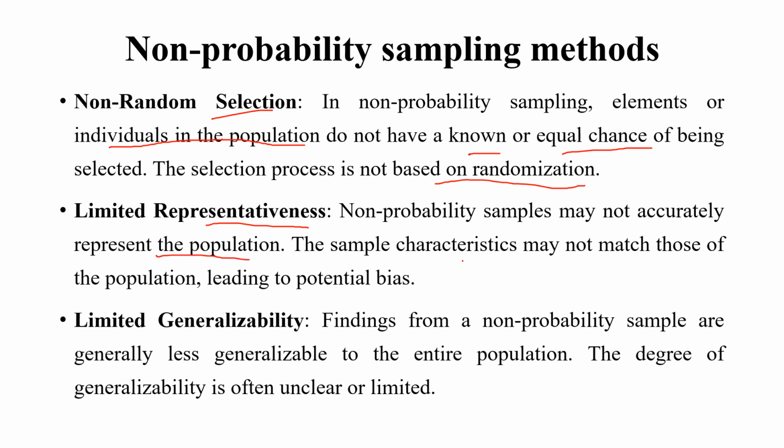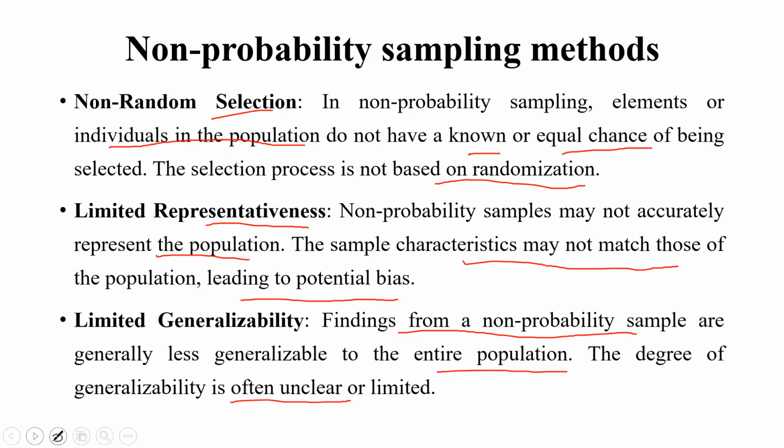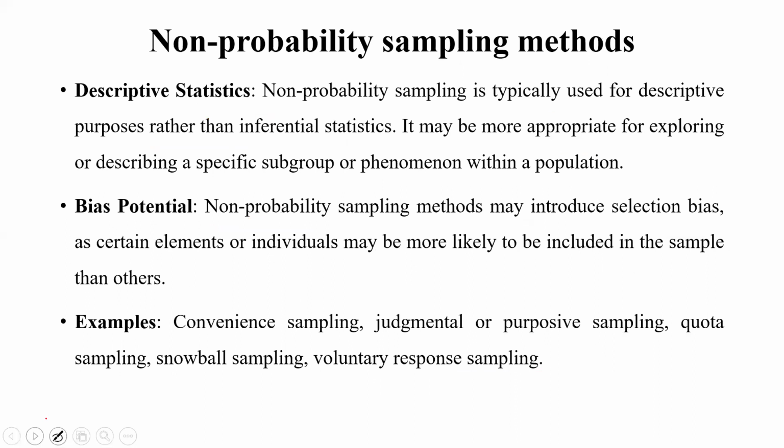The sample characteristics may not match those of the population, leading to potential bias. Limited generalizability: findings from non-probability sampling are generally less generalizable to the entire population. The degree of generalizability is often unclear or limited.